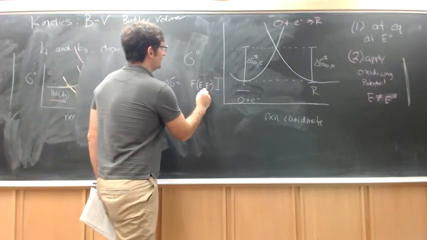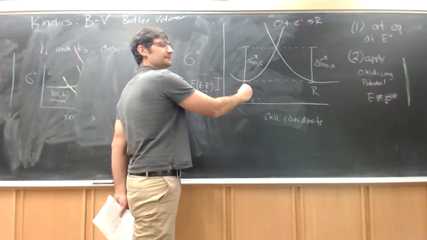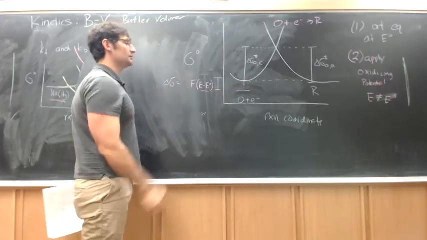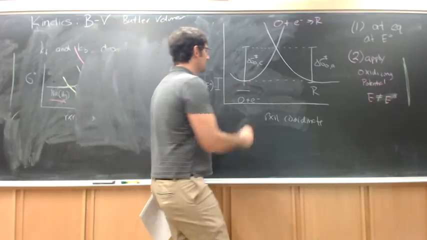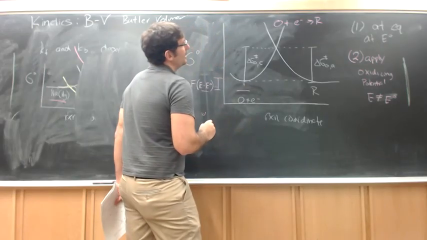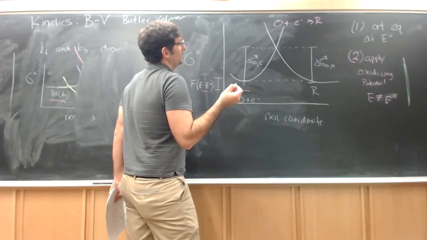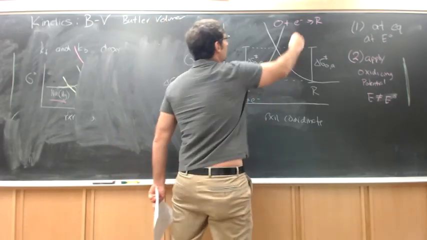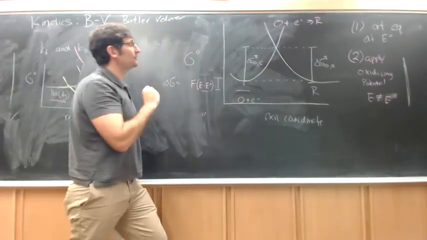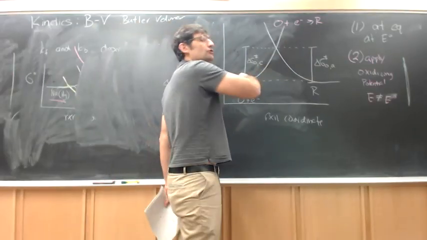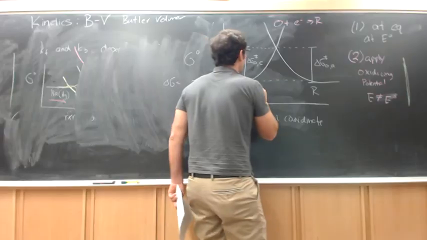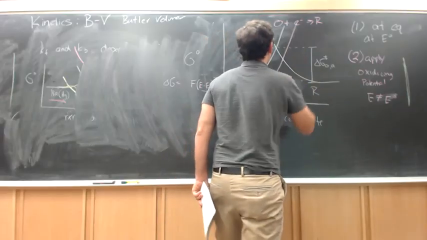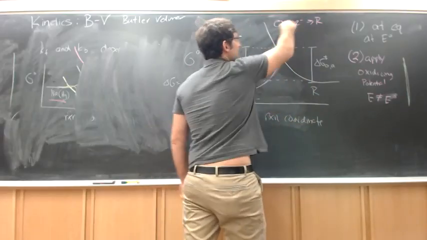So this is the difference in potential between here and here. You multiply by F to get free energy. So that's just F(E minus E naught). And we're going to assume that it's going to equally shift the curve down for this whole surface. So the free energy surface is going to look like that. So I'm shifting it down by the same amount everywhere.